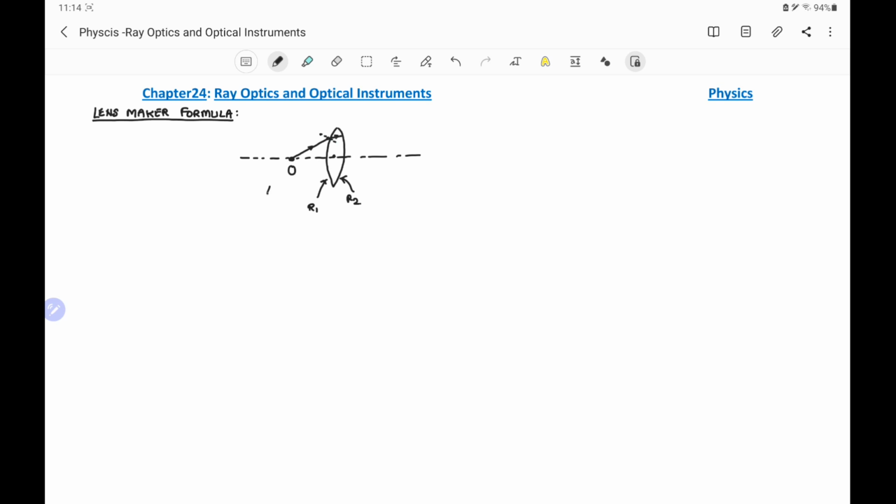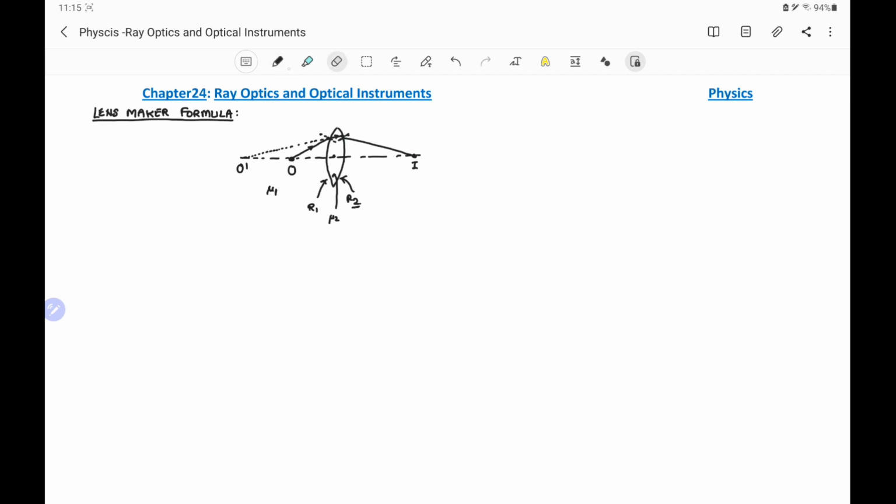If we consider that the outside medium has refractive index mu1, the rarer medium, and the refractive index of the glass is mu2, the denser medium, this ray after refraction appears to come from a point O dash, and the refracted ray strikes the other interface having radius of curvature r2 and deviates away from the normal and meets the principal axis at a point I, and this is the final image of the object O.